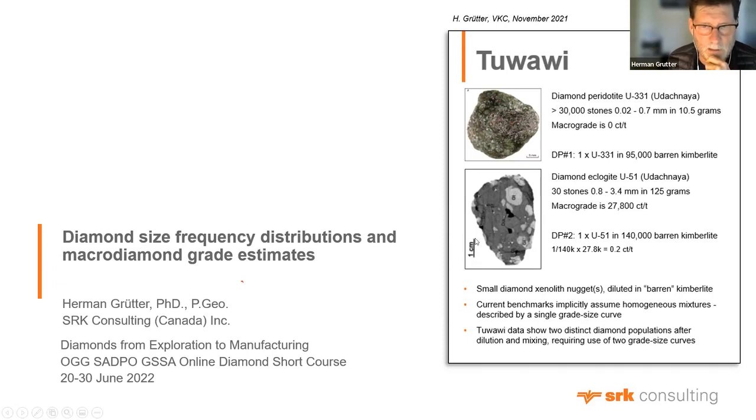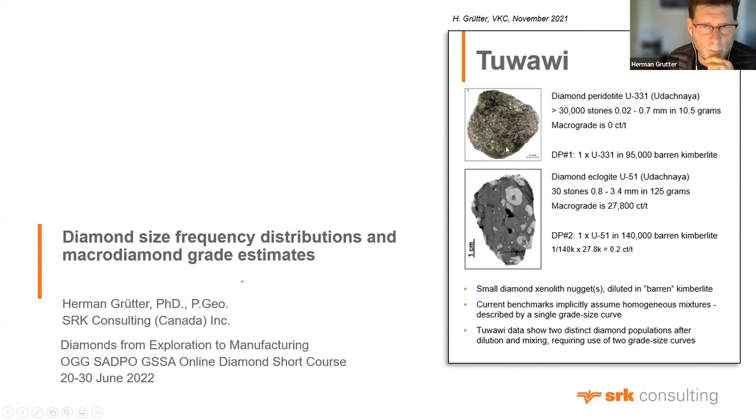You can see there's 1 centimeter over there. That's 5 millimeters up there. This particular fragment of the mantle is an eclogite. It has 30 diamonds in it in a completely different size range, 0.8 to 3.4 millimeters. Those are slightly commercial diamonds, and the macrograde of this thing is enormous.